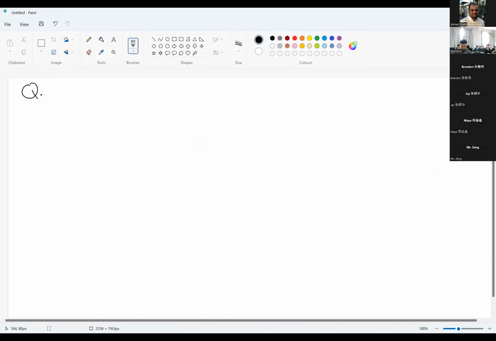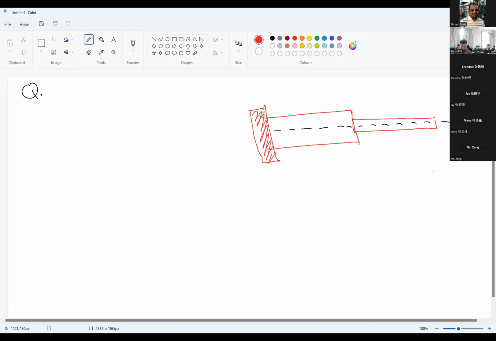So if we have a problem, this is our axis. Okay. So this is our element. As you know, it is a two bar element.